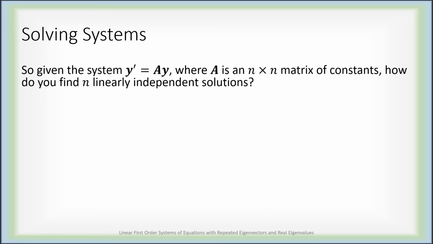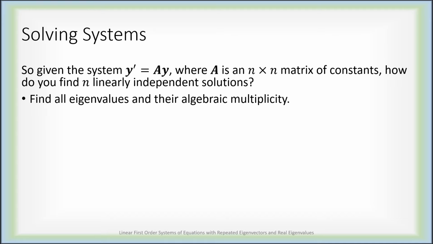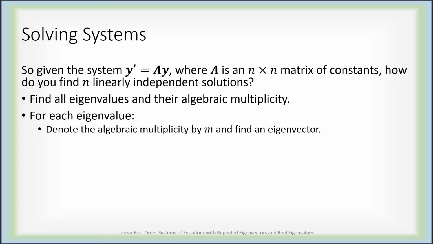All of this sounds quite terrible, but in practice it's not that bad. Given the system y prime equals Ay, where you have an n by n matrix of constants, how are we actually in practice going to find our n linearly independent solutions? Find all eigenvalues and their algebraic multiplicity. Then for each eigenvalue, denote the algebraic multiplicity by m and find an eigenvector for that eigenvalue.